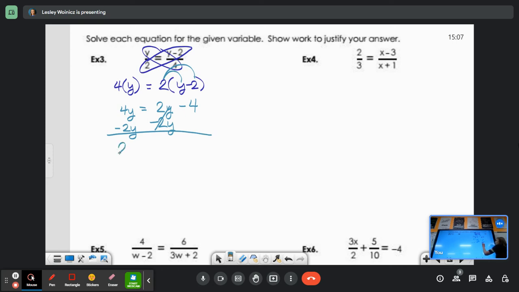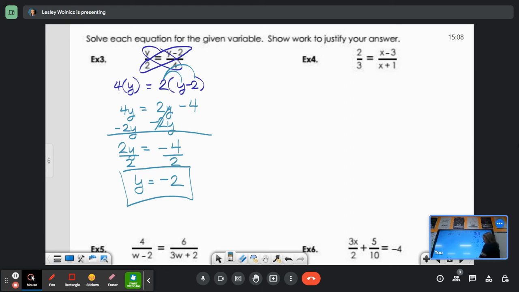That leaves me with 2y equals negative 4. Can you do this in your head? What do you get? Negative 2. Yeah. Done. See, these are friendly.